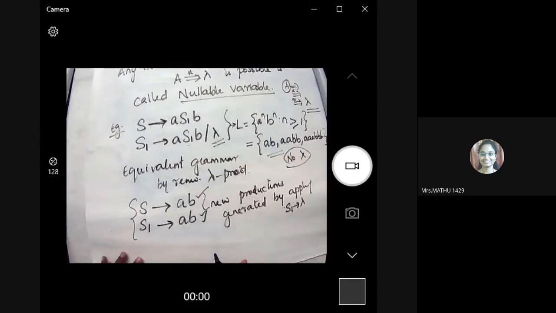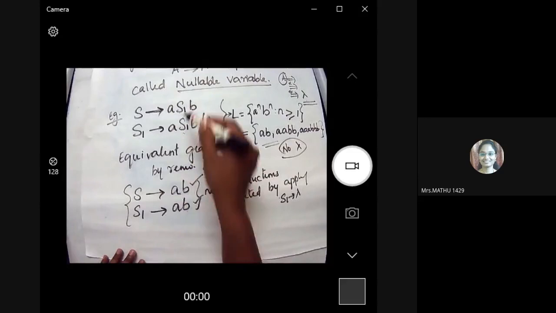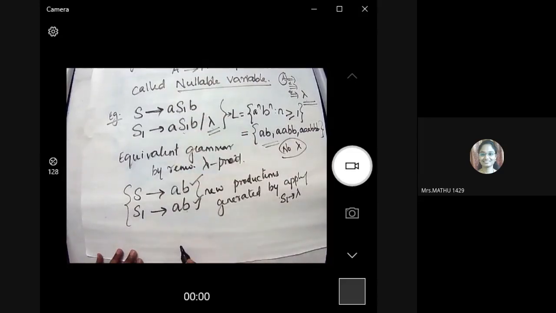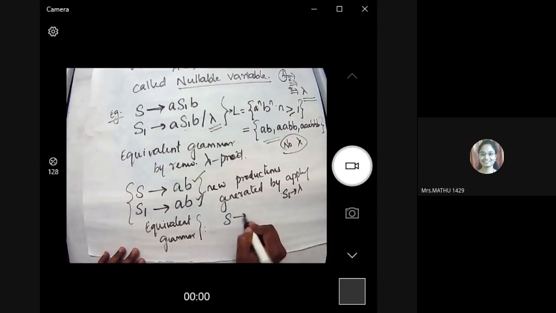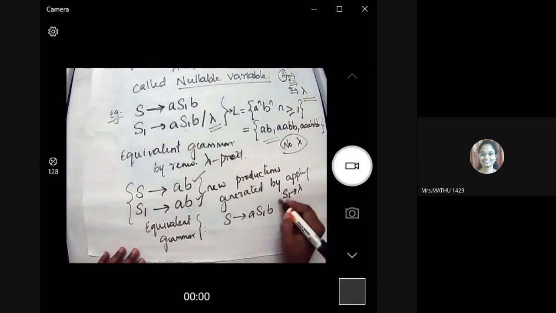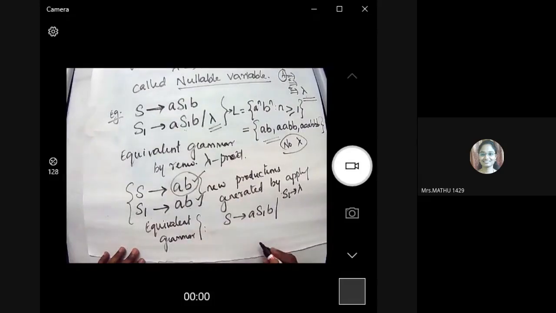So now we can remove this lambda and add these new productions to your grammar. So now the equivalent grammar will be S gives A S1 B. This production is already available. Along with that, we have generated another new production, that is AB.